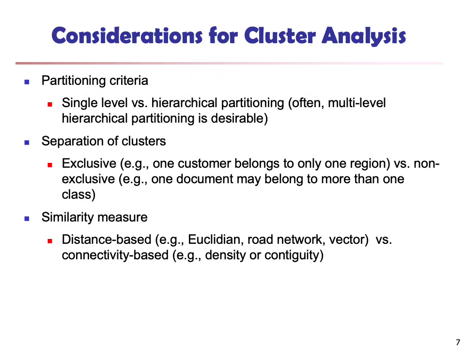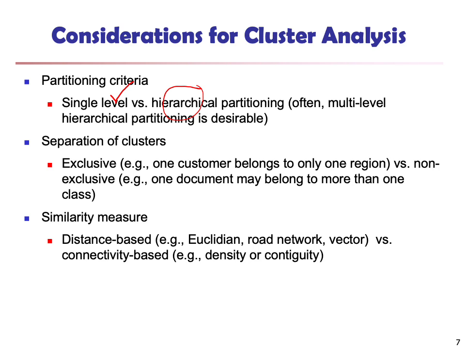There are also different types of clusters and clustering algorithms. Some of them are based on a single level, some of them are hierarchical, and you can have multi-levels of clusters.